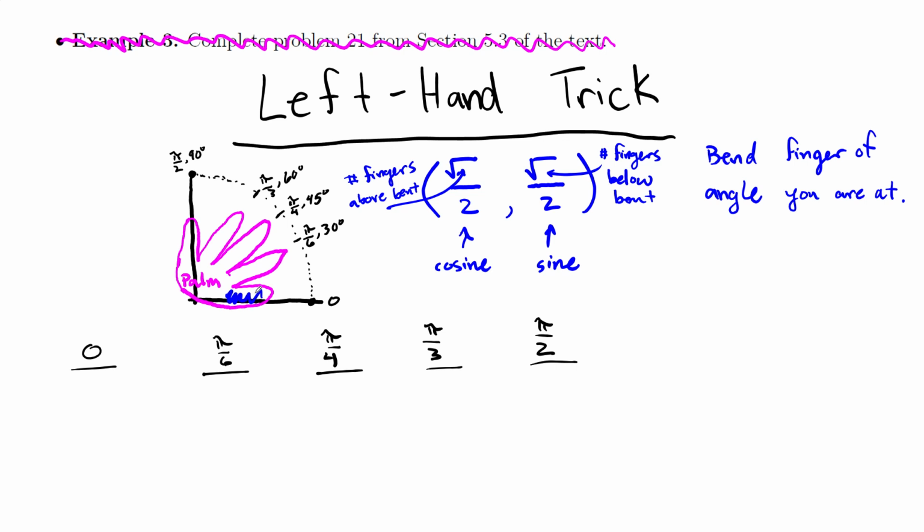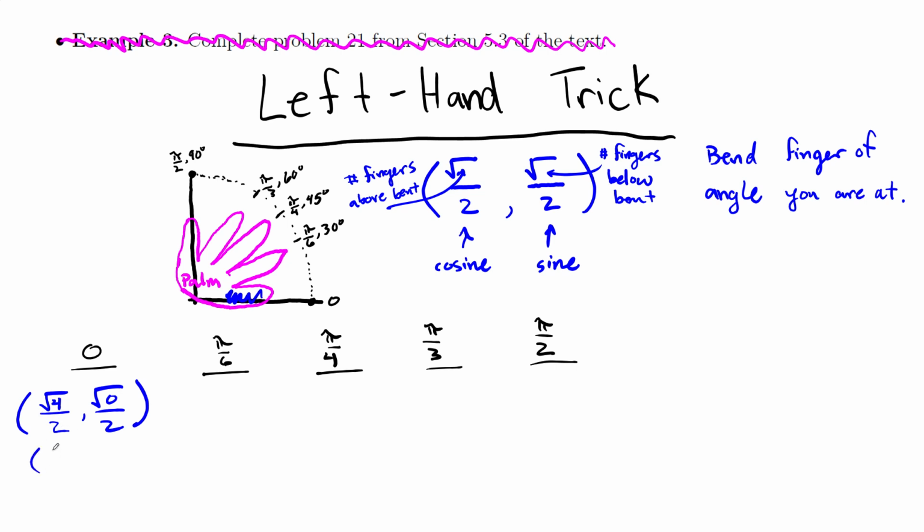If that one's bent, then in the first slot, square root of blank over 2, square root of blank over 2. There are 4 fingers, 1, 2, 3, 4, above and 0 below my bent finger. And of course, what does that do?